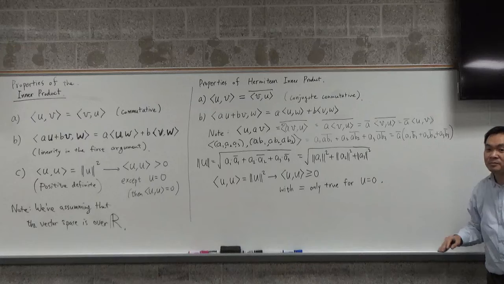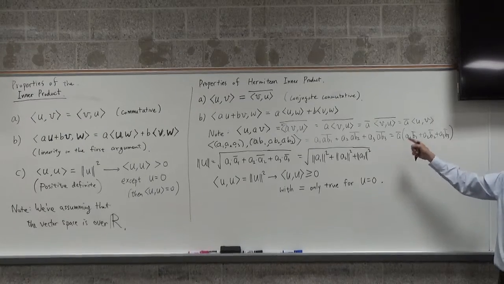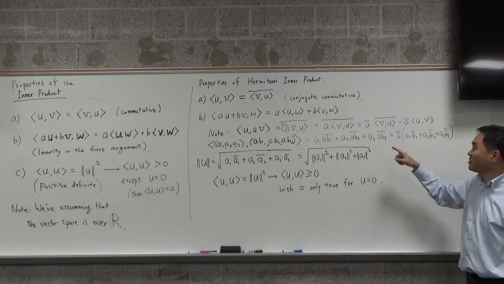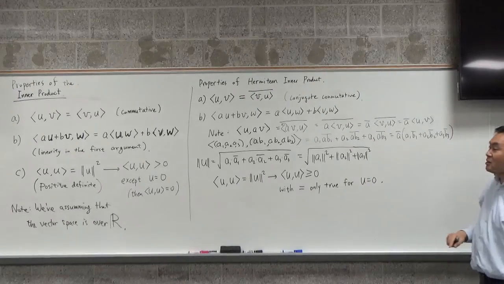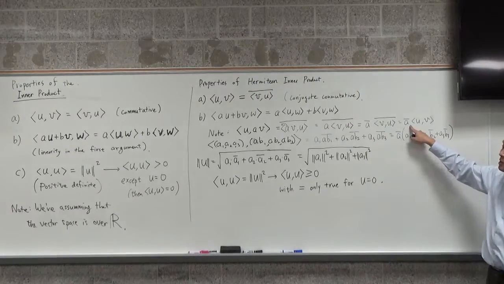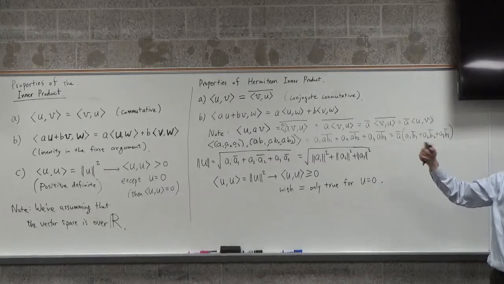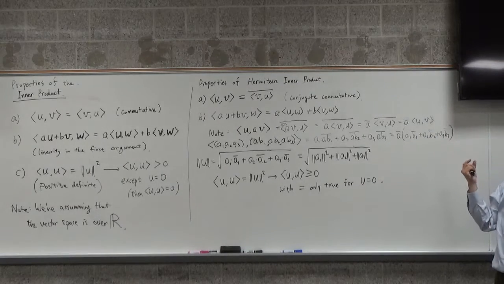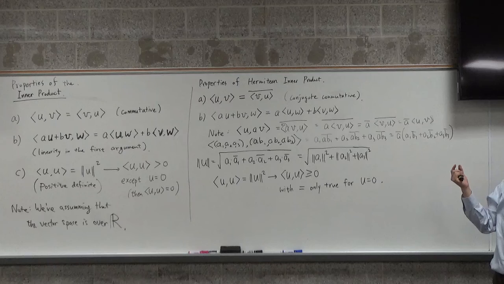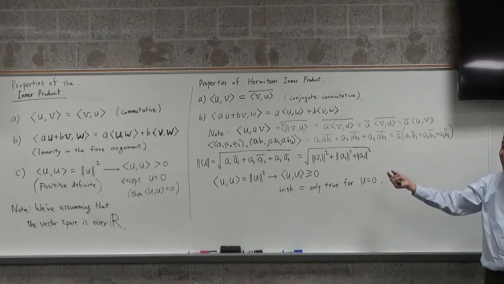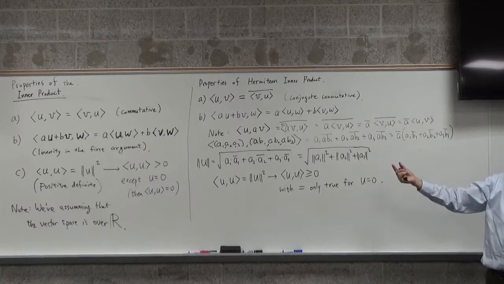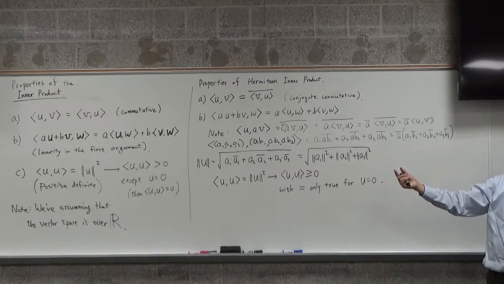Okay? So it's kind of more obvious if you write it this way, but I just want to use the previous rules to prove it. But anyways, you see what's going on, right? The second component, because there's a conjugate there, when the coefficient is multiplied, and when that's brought in front, you don't get A out, you get A bar out. Okay?